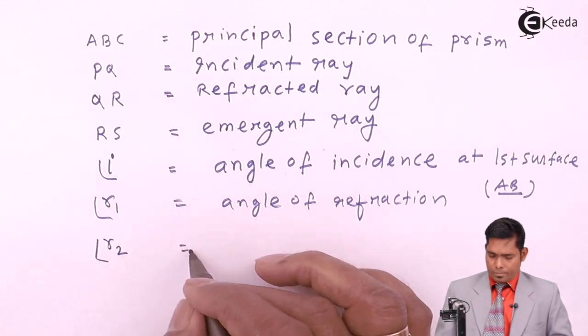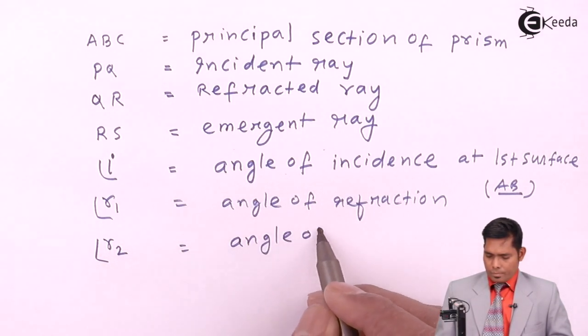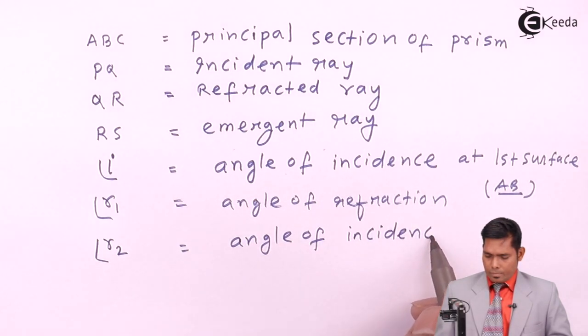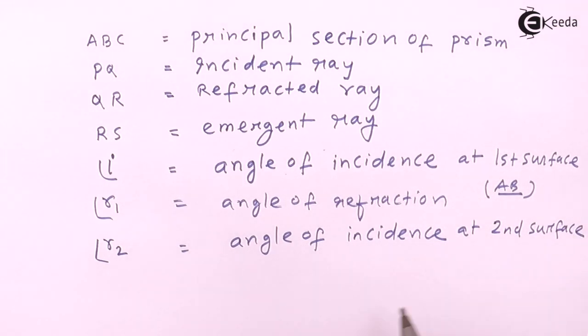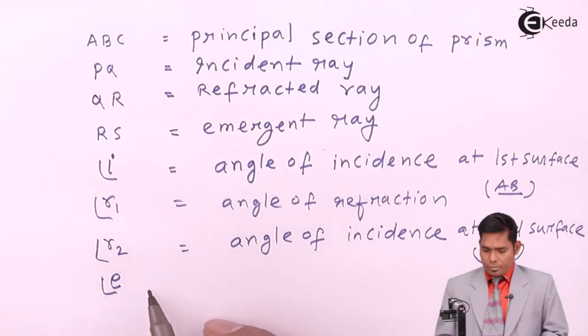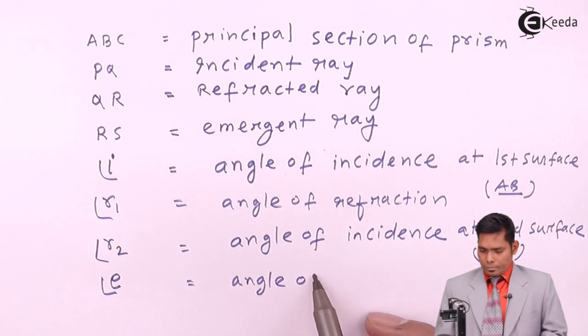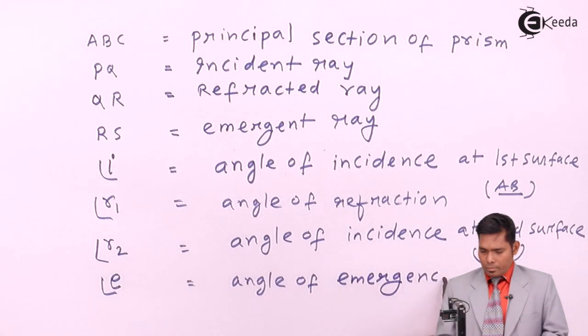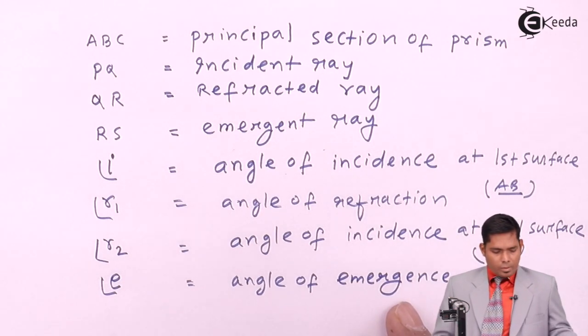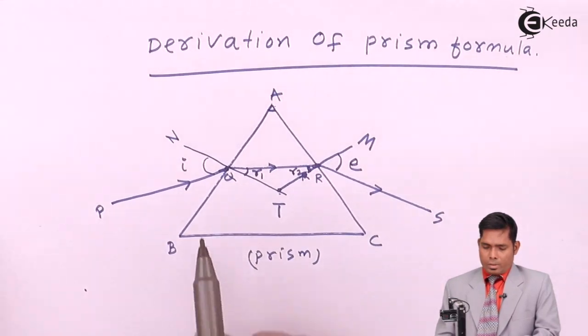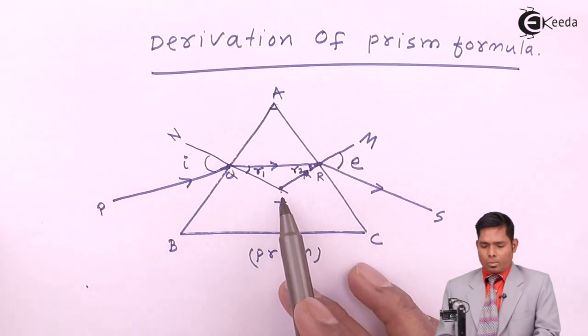R2 is the angle of incidence at the second surface, that is AC, and E is the angle of emergence. NT and MT are the normals, they meet at T.